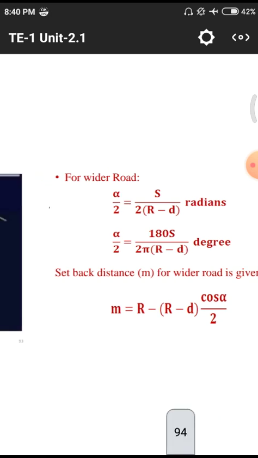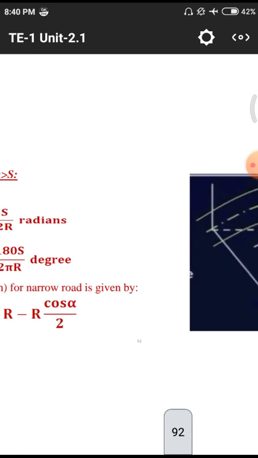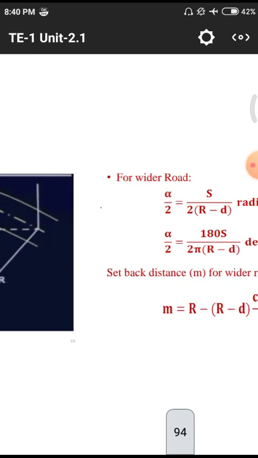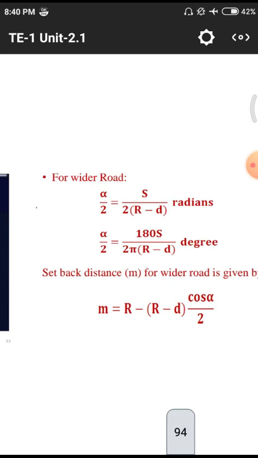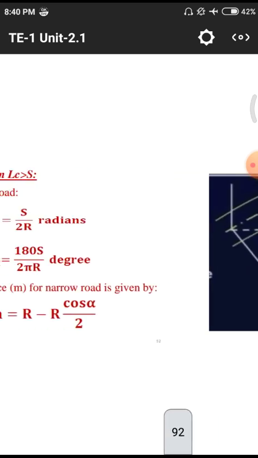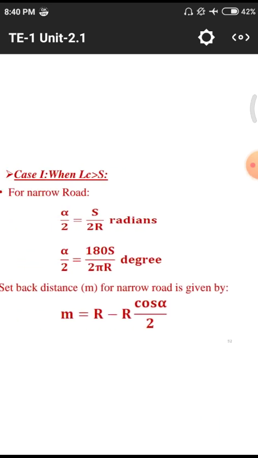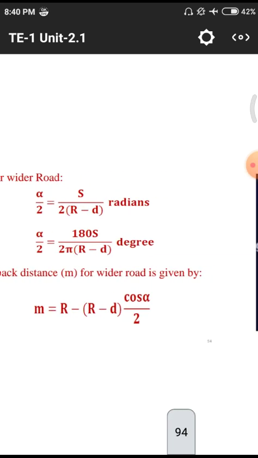There is a small change: r is common in both, but in the second term we neglect the distance, that means small d. In terms of radians also we multiply by 180 by pi, with 2r common.